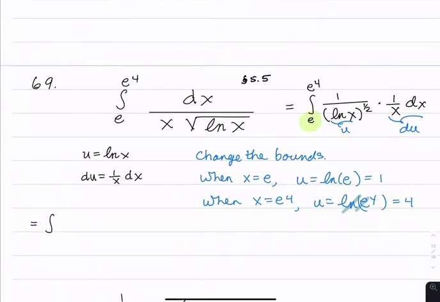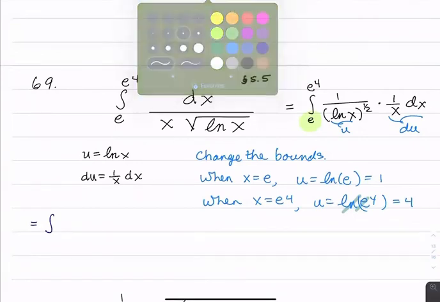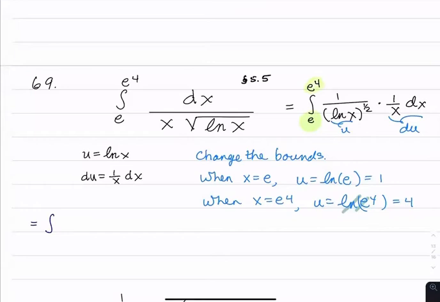Notice there's e and e to the fourth. These are x values, x equals e and x equals e to the fourth, but now I'm going to u equals 1 to u equals 4. I want everything to be u. Then I'm going to have 1 over u to the half, and then 1 over x dx is du.